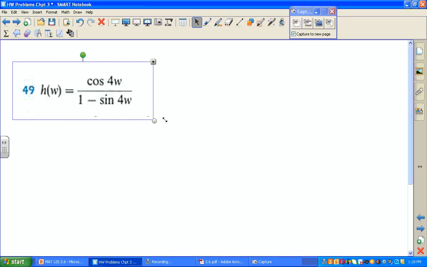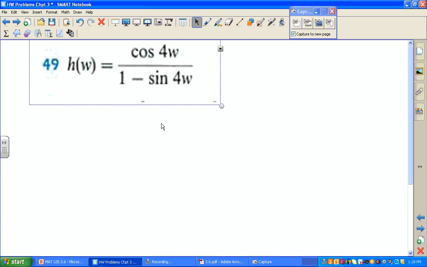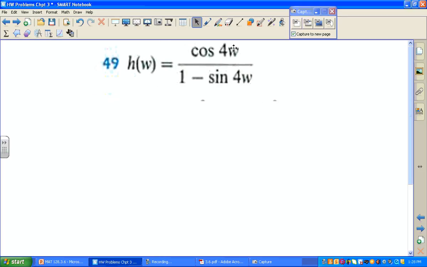You can get really fancy with this, but I don't think we will. I think we'll just kind of power football through this. No, nothing fancy, no trig identities. Of course, there are parentheses right here. So I have negative sine of 4w.